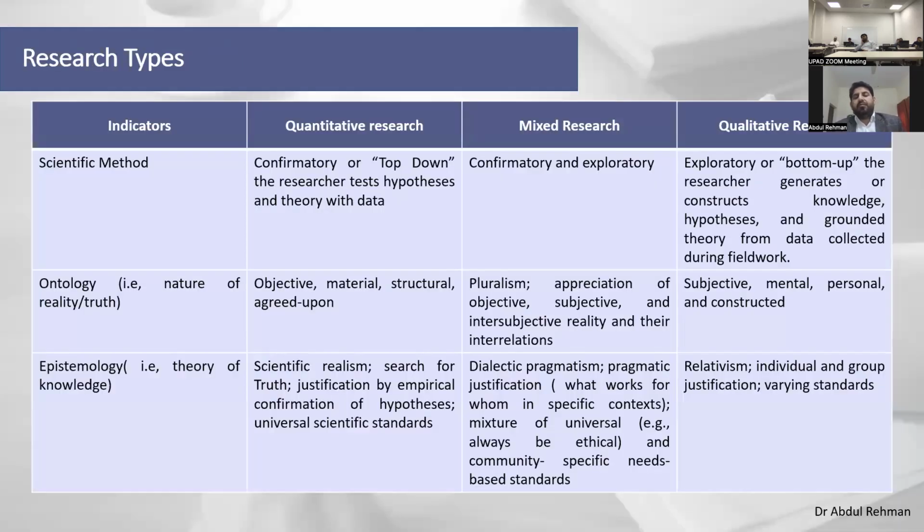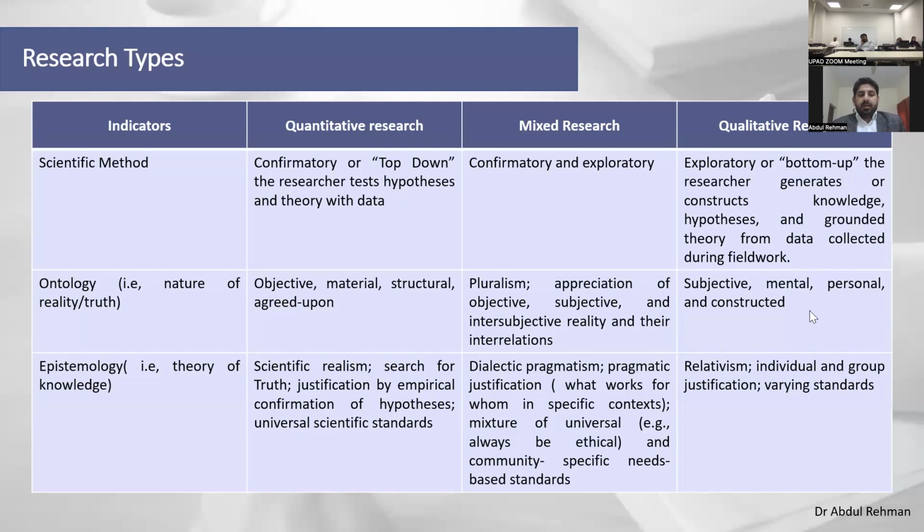So whenever we use the word qualitative, there is always a debate about what the other methods are, and how qualitative research is different from the others. So majorly we have quantitative research, we have qualitative research, and another method we call mixed method.